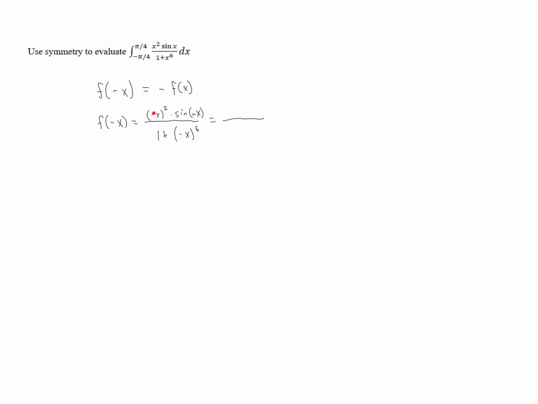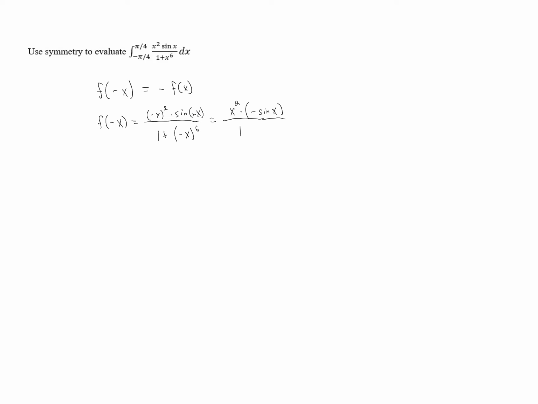Now, when we've got negative x times negative x, that's just x squared. The negatives cancel. Now, sine of negative x, sine is an odd function, and so that means that sine of negative x is equal to negative sine of x. That's also a trigonometric identity.